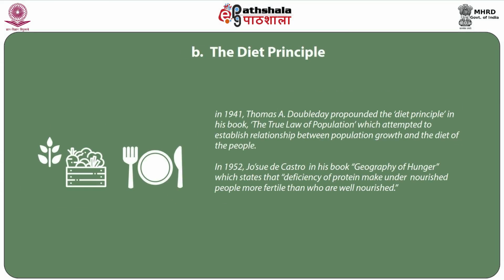In 1841, Thomas Doubleday propounded what he called the true law of population, which attempted to establish a relationship between population growth and the diet of the people. In 1952, Josue de Castro, in his book Geography of Hunger, contended that deficiency of proteins makes undernourished people more fertile than those who are well nourished.